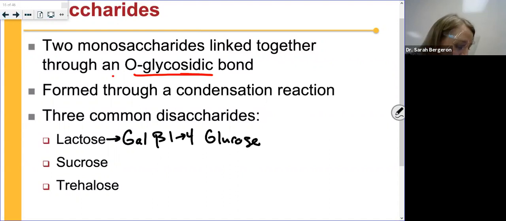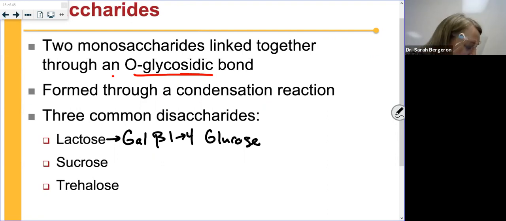And I'm going to show you some of these bonds in a second. Sucrose. I bet you everybody has some sucrose at their house. Not everybody necessarily has lactose, but sucrose definitely. Where's sucrose? It's like table sugar, right? Where's lactose? In your milk, right?